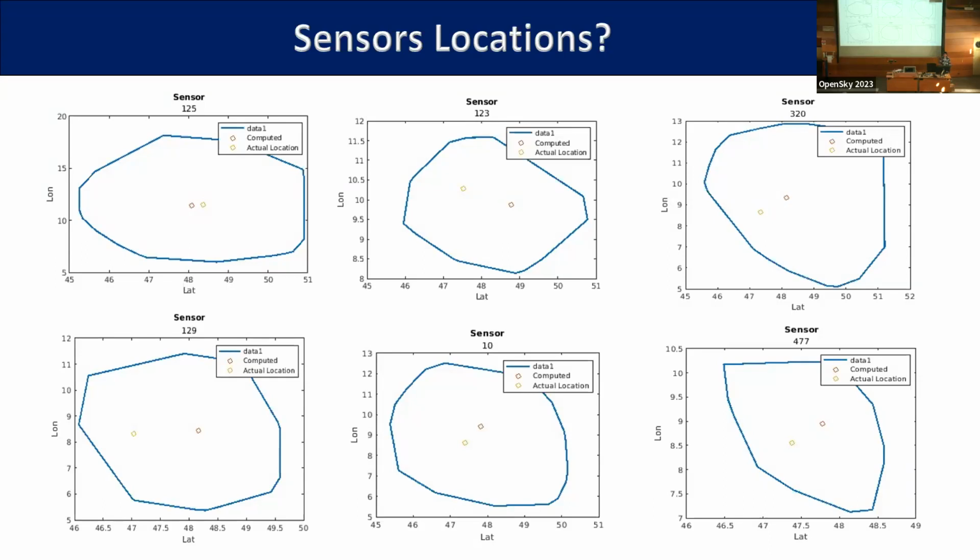I believe that if we use one week of data, which is what we have to do next, we could have more accurate results for exactly where the location of the sensor is. So we could use the location based on our computing, not the ones that the volunteers or the people who have these sensors shared.